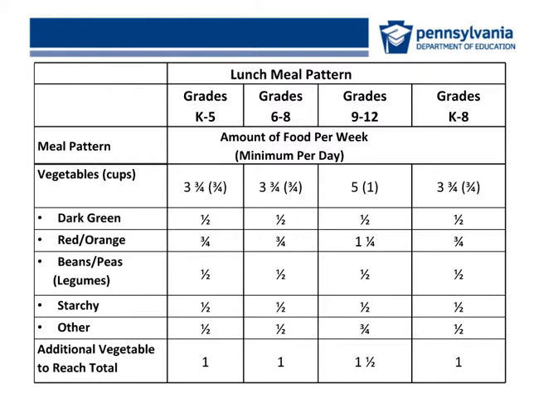One thing to note is that schools can substitute vegetables from the dark green, red, orange, or beans and peas categories for other vegetables if they desire, but they may not substitute starchy vegetables for other vegetables. The additional vegetables needed to meet the weekly total listed across the bottom row are permitted to come from any of the 5 categories.